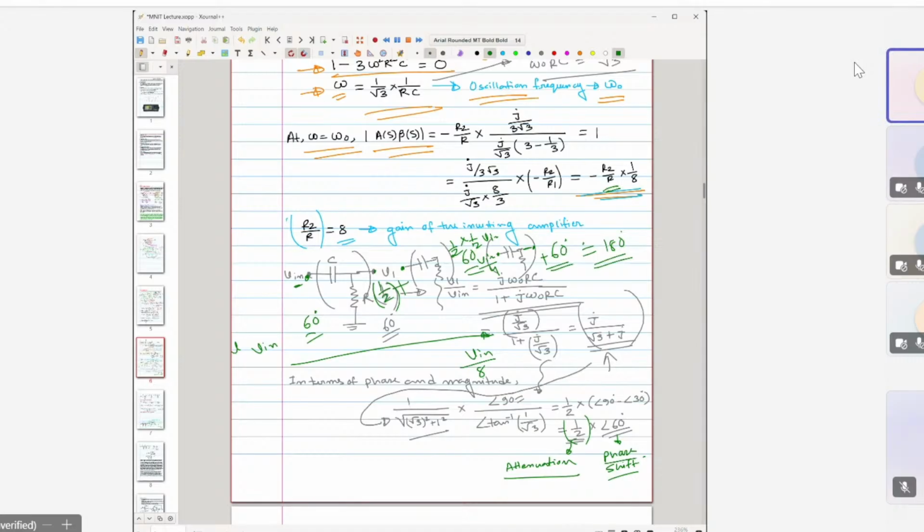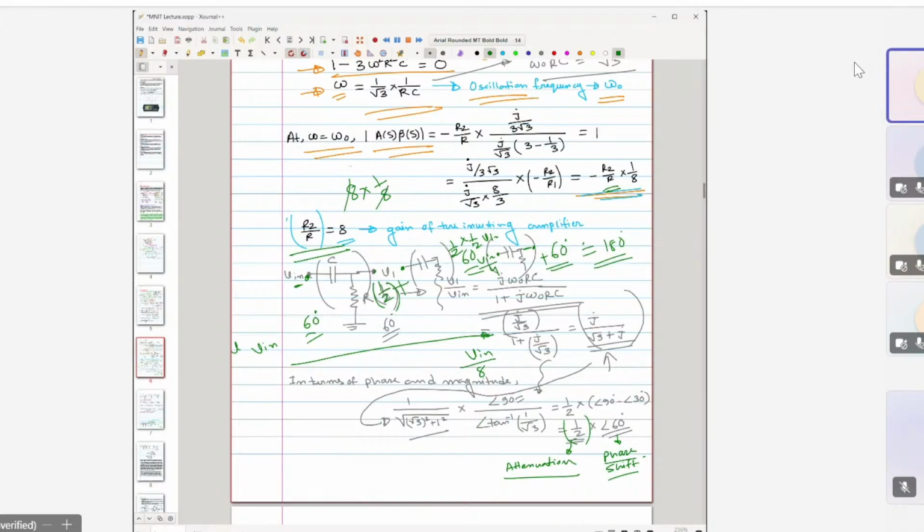We have already derived that it is 8. So 8 is nothing but the gain of the inverting amplifier, and this beta network, this frequency selective network, has an attenuation of 1 by 8.